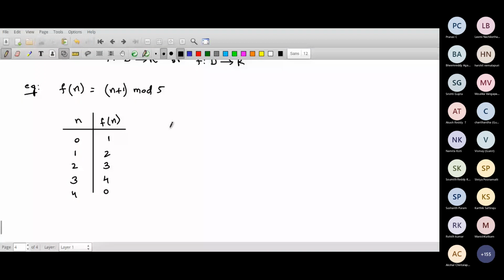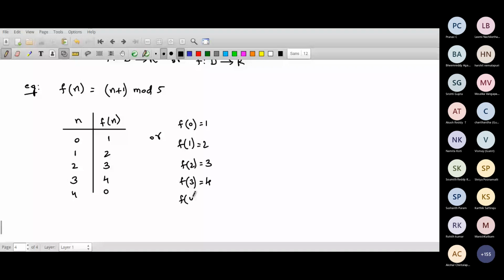So we can write it like this, or we can write it as f of 0 is 1, f of 1 is 2, f of 2 is 3, f of 3 is 4, and f of 4 is 0.